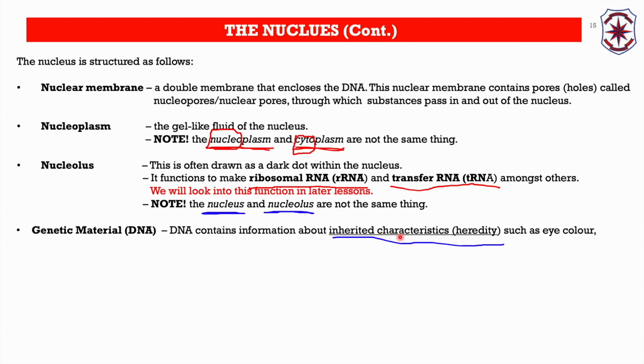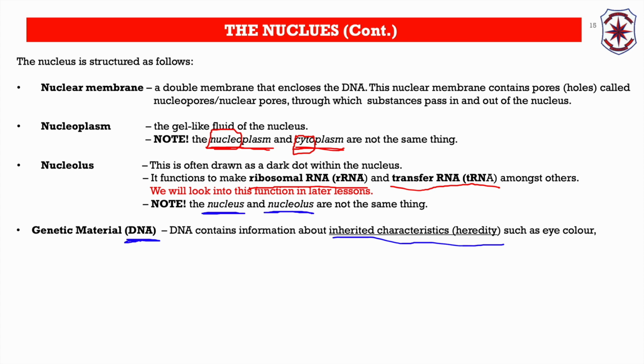Now, we have different characteristics. Characteristics are what? Your eye color, your eye shape, how tall you're going to be, how short you're going to be, your foot size, the shape of your head, your blood type, your skin tone, whether you'll be dark or you'll be light, etc. So all these characteristics are stored in DNA, okay, are coded for by DNA.